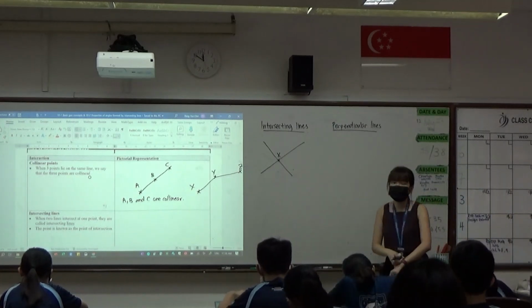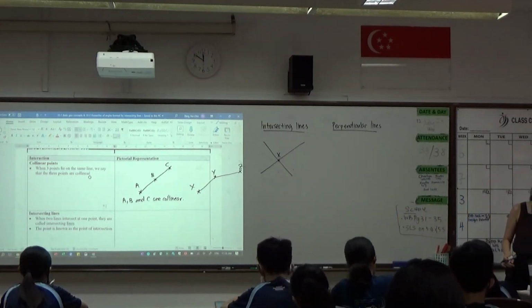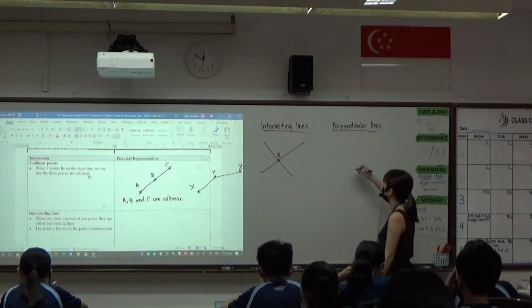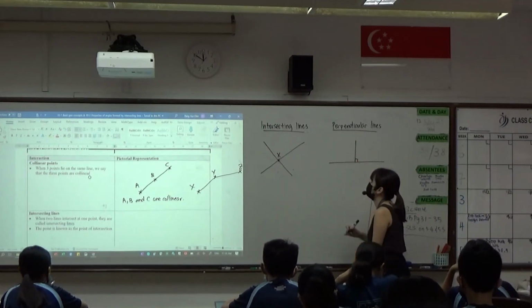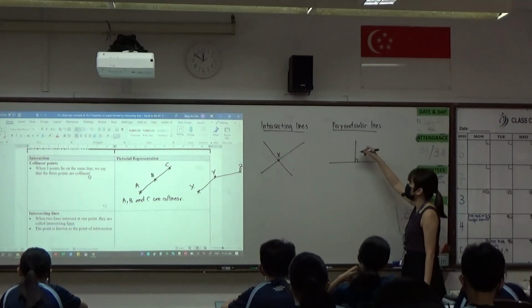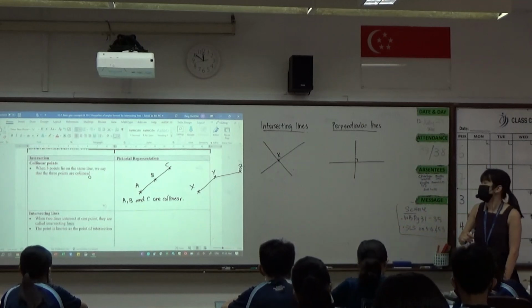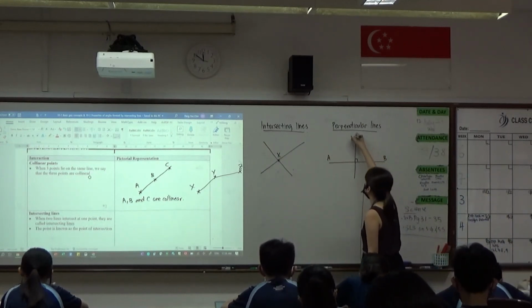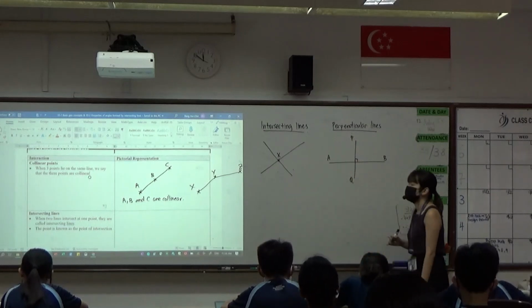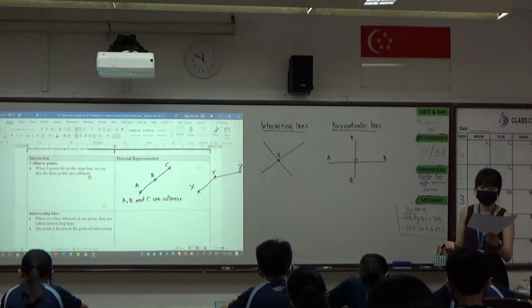Next, for perpendicular lines. It is when 2 lines intersect each other at right angles. So for instance, something like this. Of course, you can also have the line being longer. In this case, if I call this line AB and this line PQ, we say that AB and PQ are perpendicular to each other.